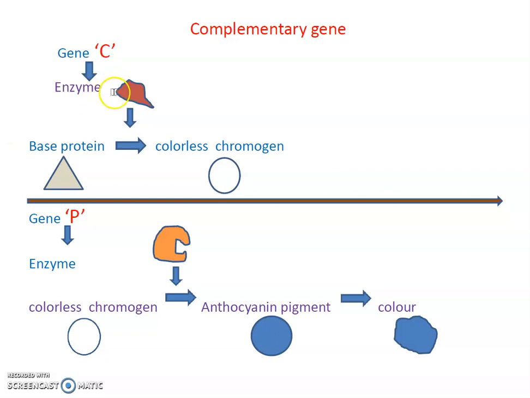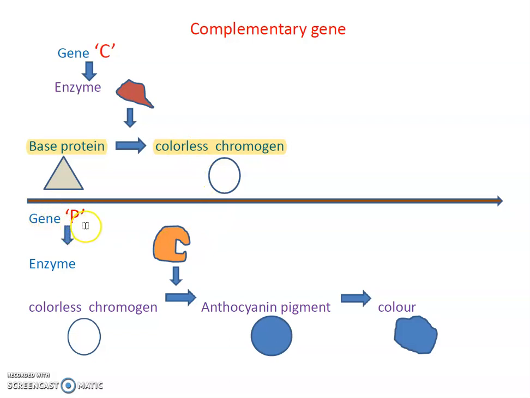The enzyme converts the base protein into colorless chromogen, a special type of substance. So this is the function of gene C. Because of gene C, colorless chromogen is formed.